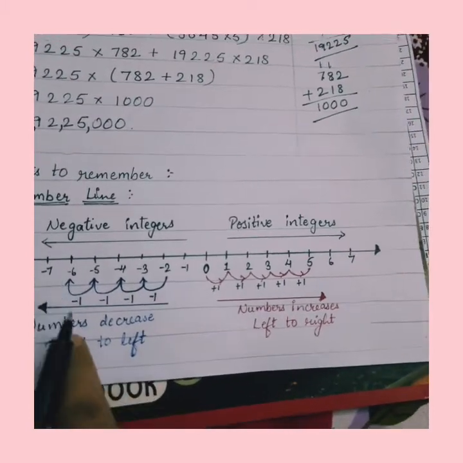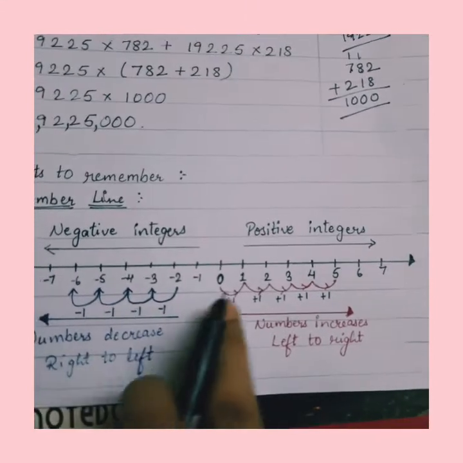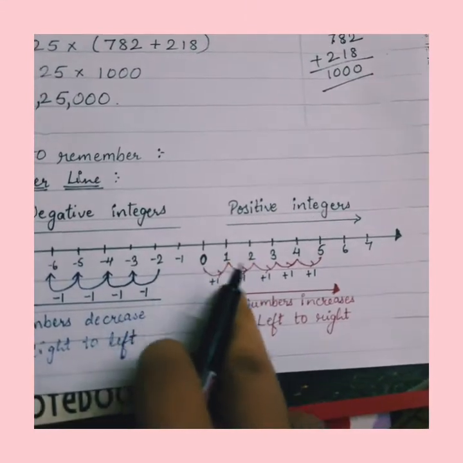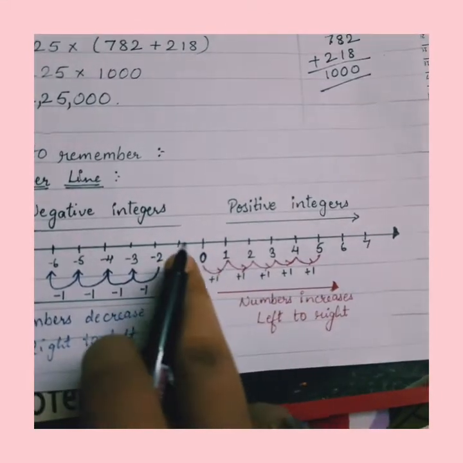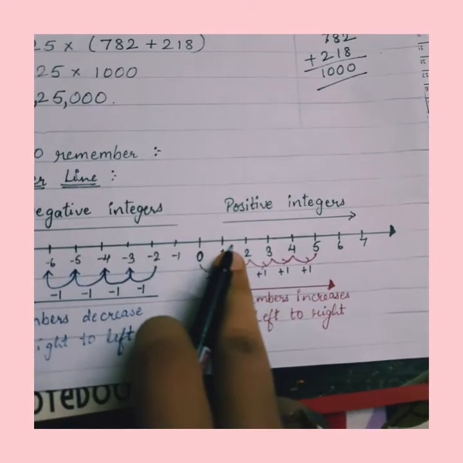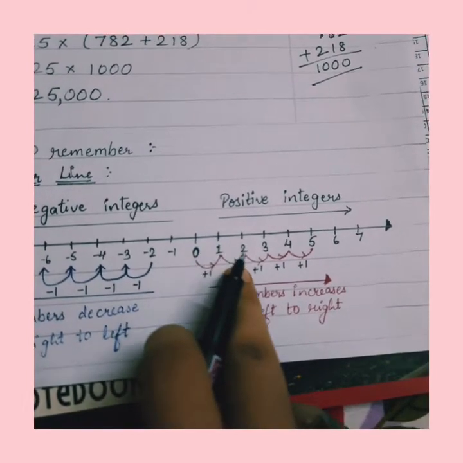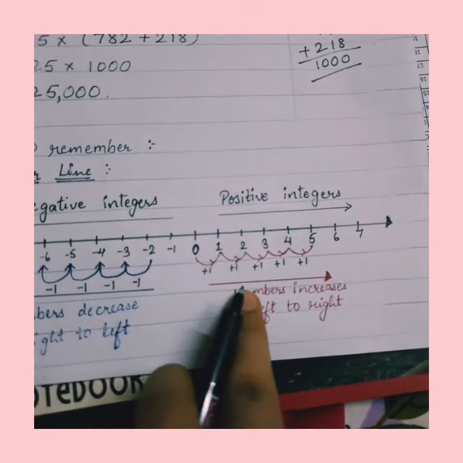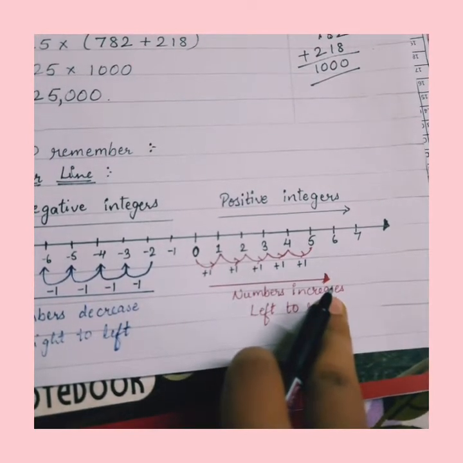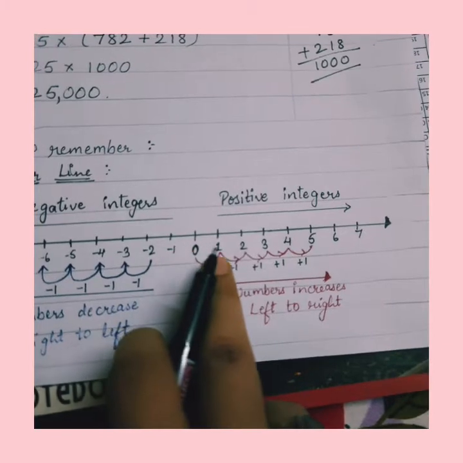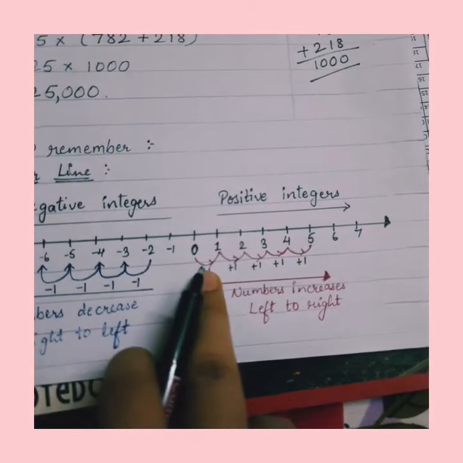What we can notice here is, on moving to the right hand side from the left hand side, 0 is on the left, 1 is on the right side of 0. So on moving to the right hand side, numbers increase. It will keep on increasing. Like if I go from 0 to 1, 1 will be added to that number.